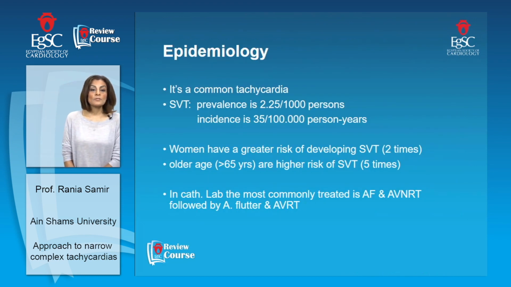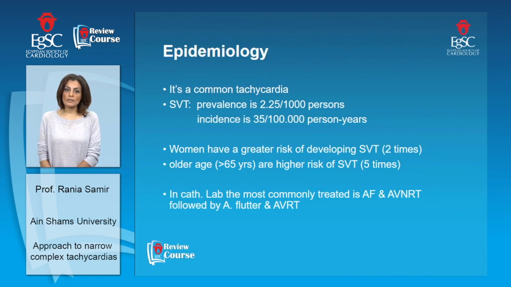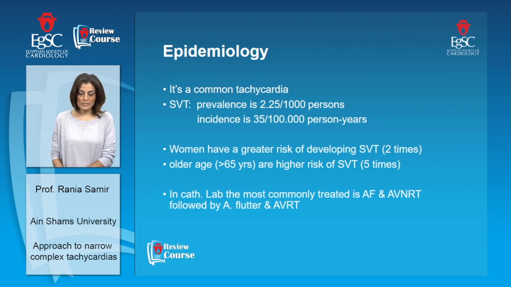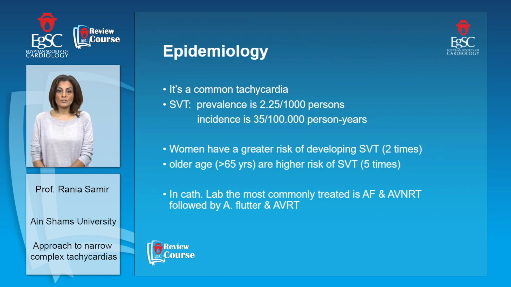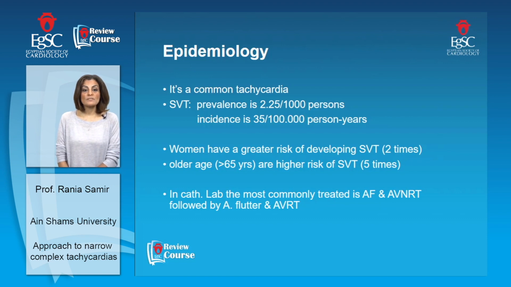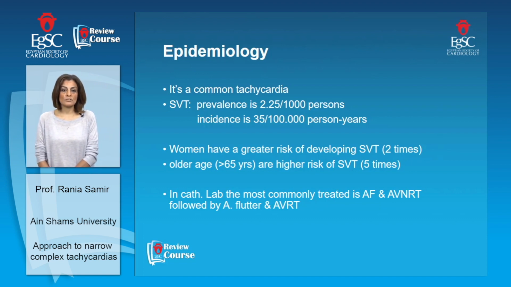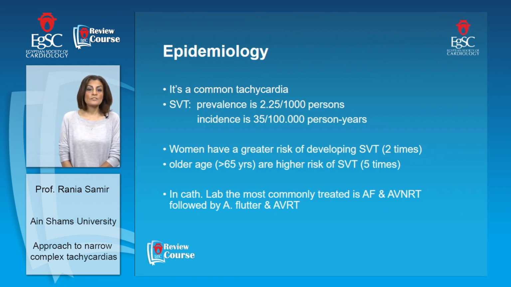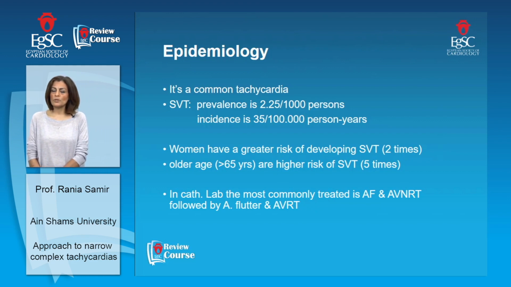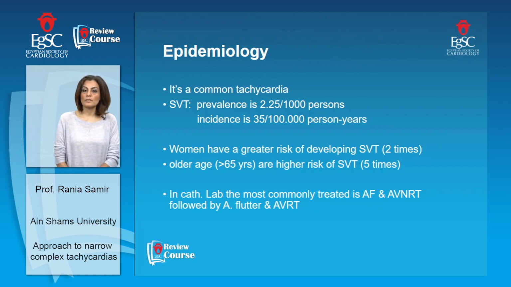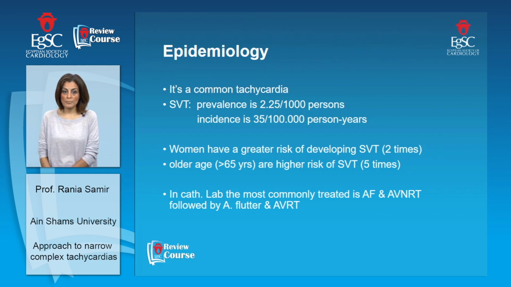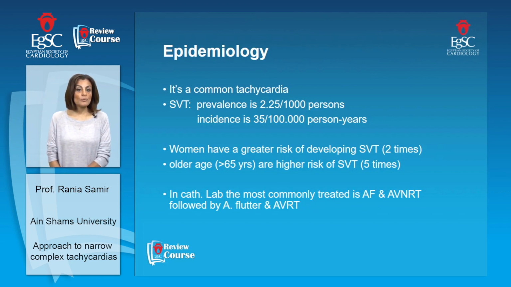Now we'll talk about the epidemiology of narrow-complex tachycardia. Most prominently, narrow-complex supraventricular tachycardia represents the majority of narrow-complex tachycardia. It's a very common tachycardia, one of the most common you can encounter in the ER or in the EP lab, and it has a high prevalence among the general population.